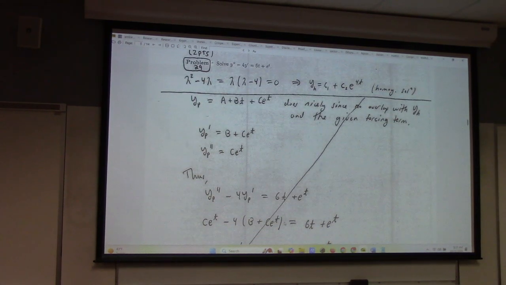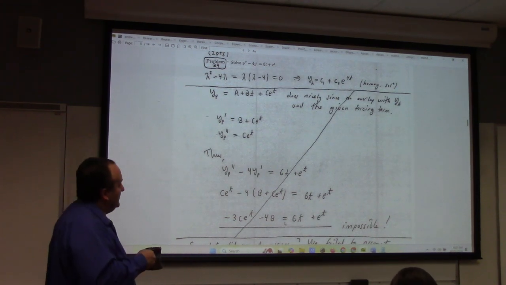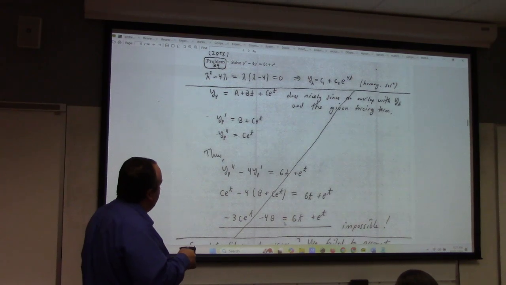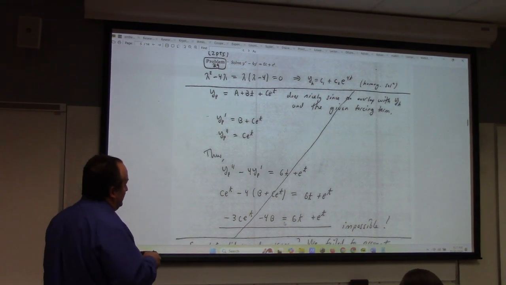So this I left in as a cautionary tale, right? So I tried to solve this. What am I up against here? Lambda squared minus 4 lambda. So that gave me a homogeneous solution of c1 plus c2 e to the 4t. And I just naively put down yp as a plus bt plus c e to the t and see what happened.